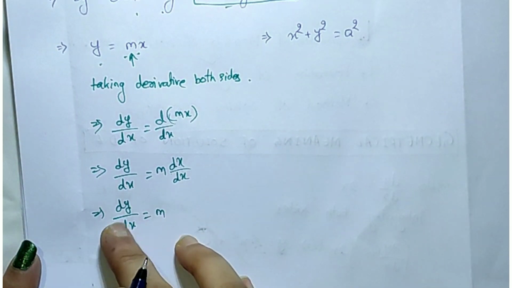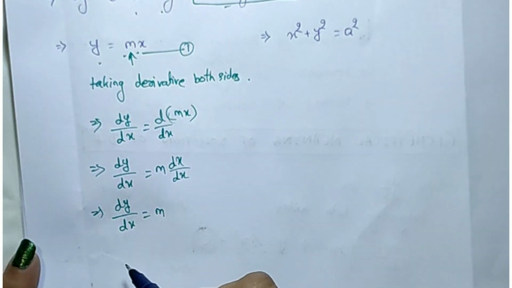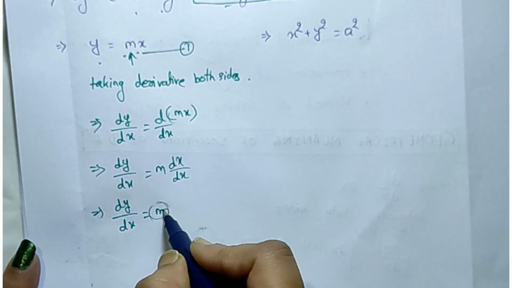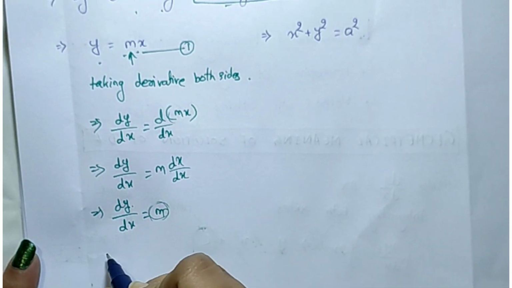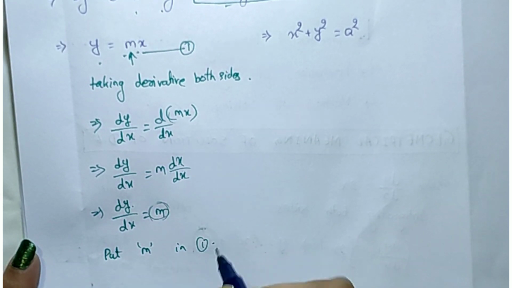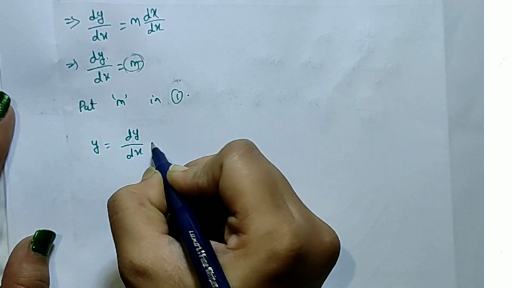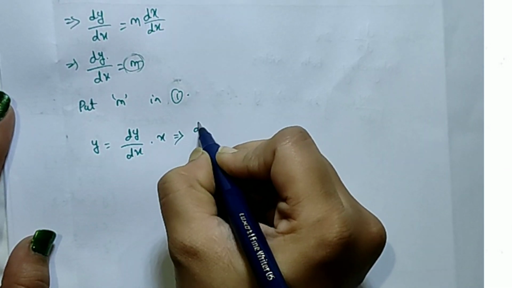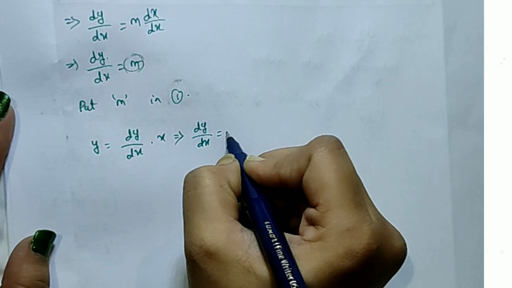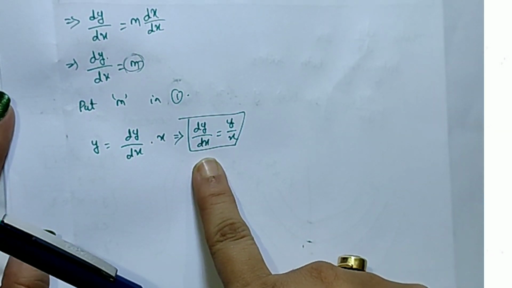This is equation 1, and we got the value of m, which is dy by dx. Now put m in equation 1. Y is equal to dy by dx into x, which implies dy by dx is equal to y by x. And this is a differential equation.